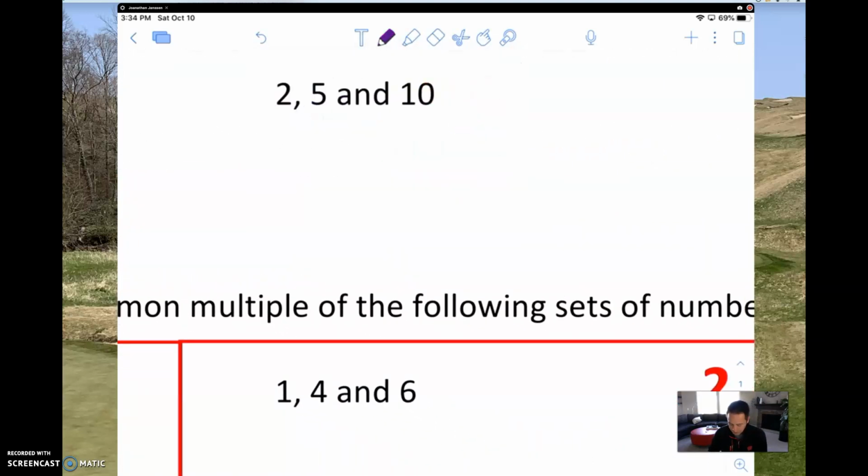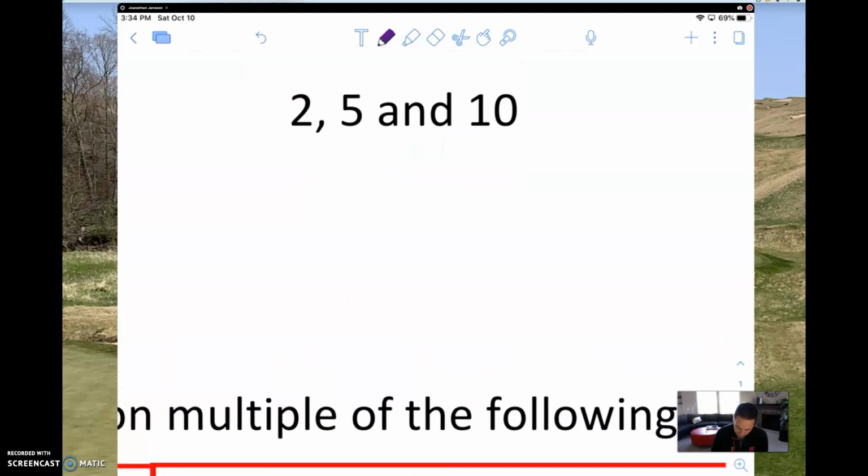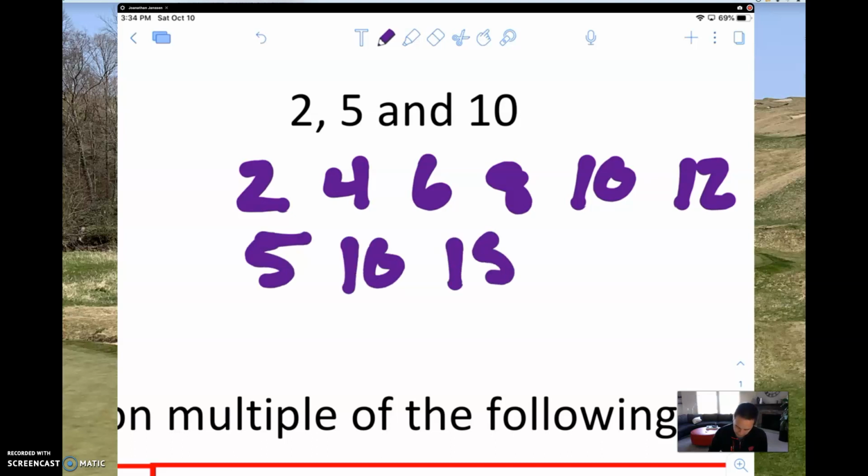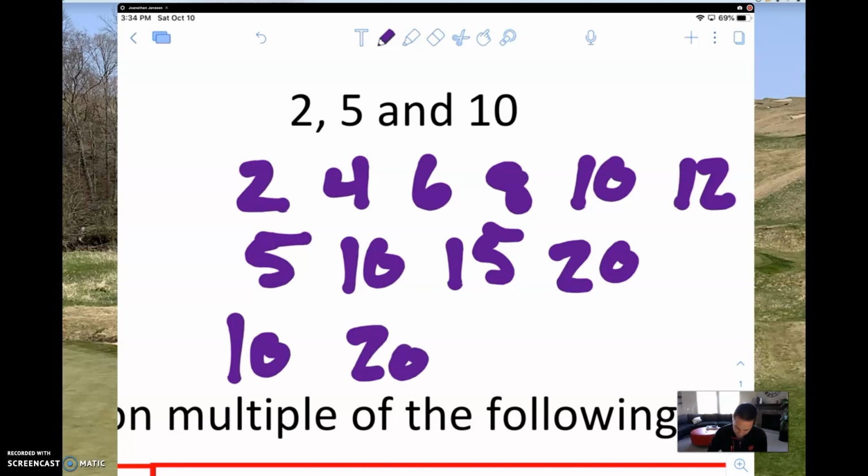Let's start going by 2. So we have 2, 4, 6, 8, 10, 12, and so on and so on. If we count by 5s, we'll have 5, 10, 15, 20, 25, 30, and so on. And if we count by 10s, we have 10, 20, 30, 40, 50, 60, 70, 80, and so on and so on.